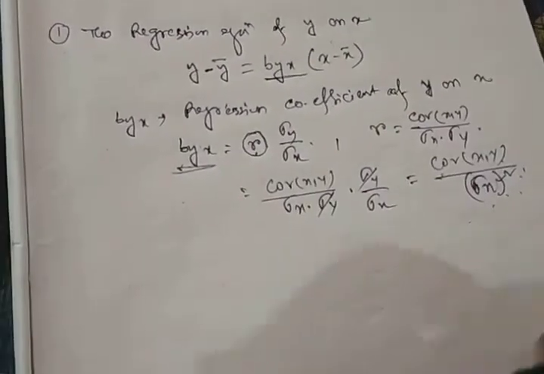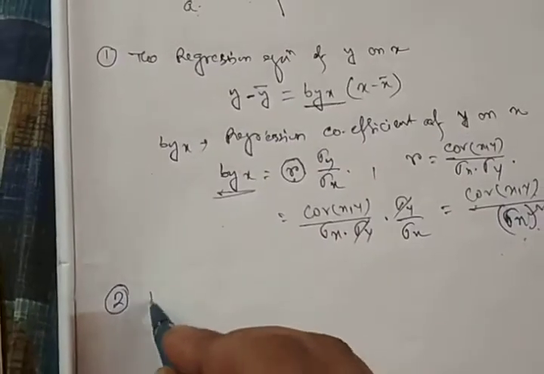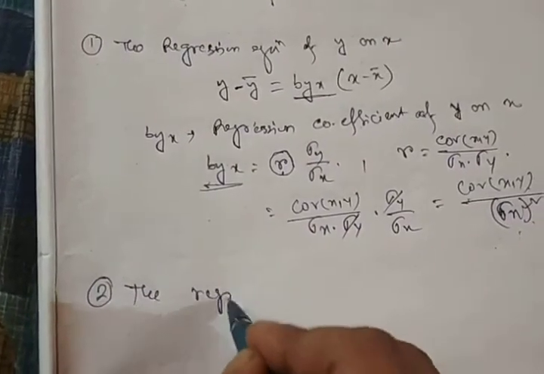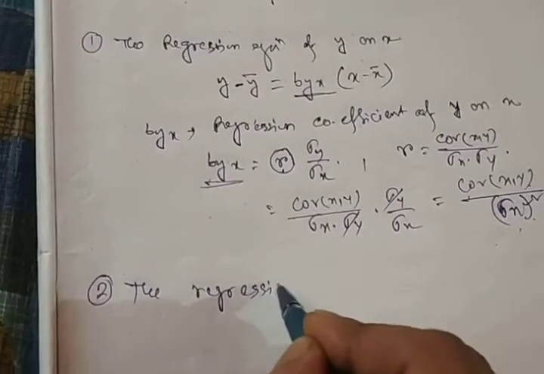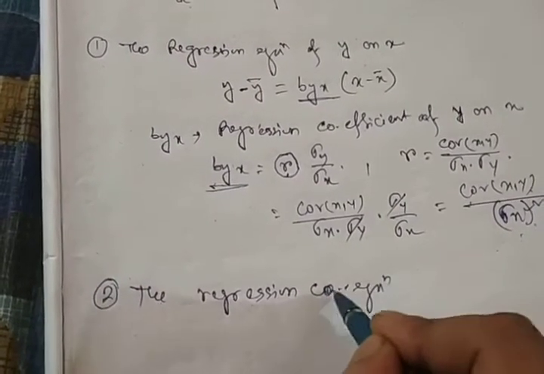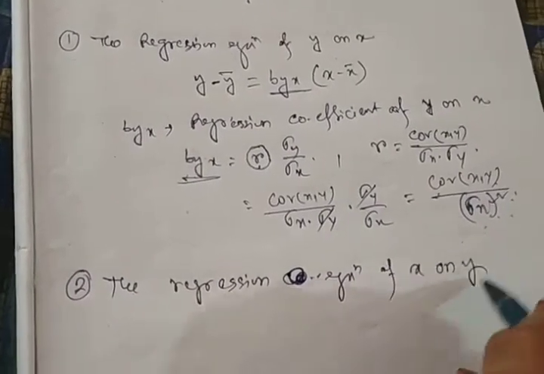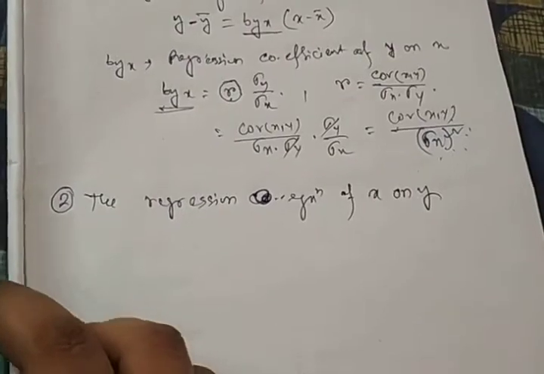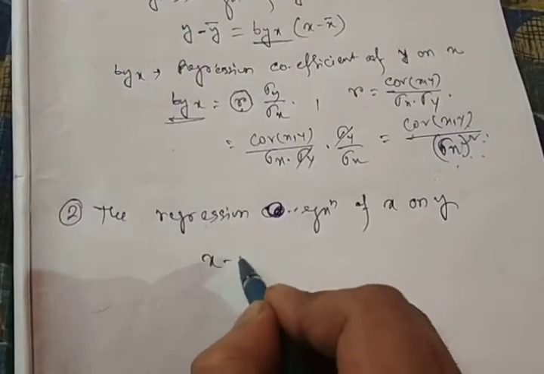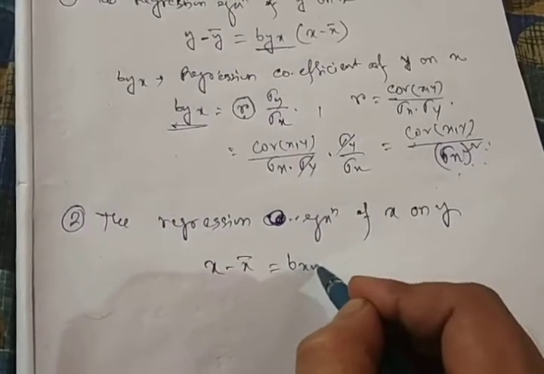The second is the regression equation of x on y, which is defined as x minus x bar equals bxy into y minus y bar.